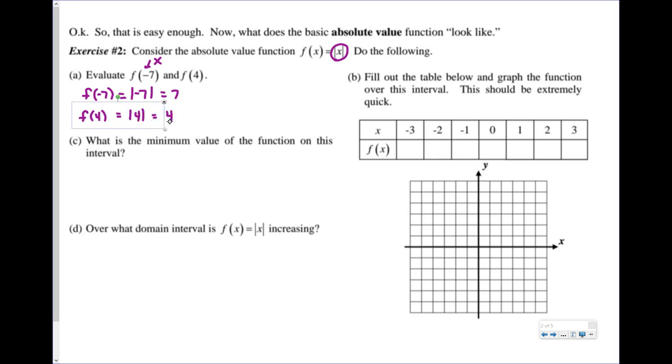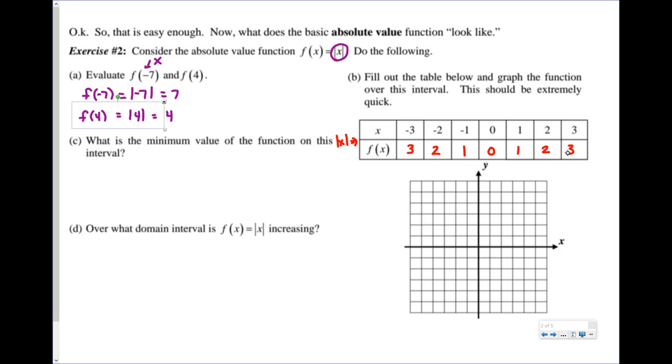Now letter B says, fill out the table below and graph the function over this interval. This should be really quick. And actually it is pretty quick, because remember, we're really finding the absolute value of x right here. So if we're just taking -3, we're going to make it +3. The absolute value of -2 is +2, and so forth. We're just making all of these positive to find our y value, right?